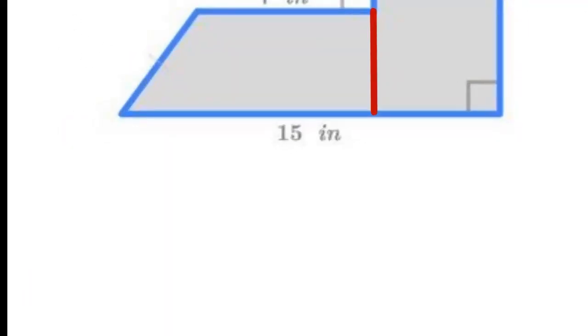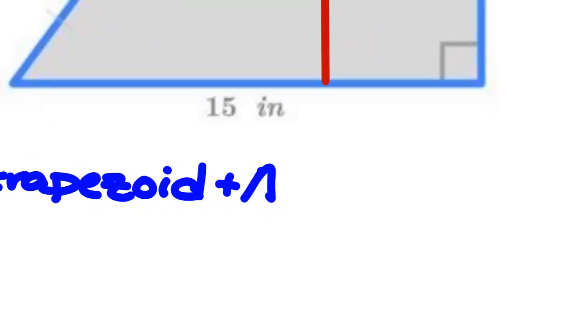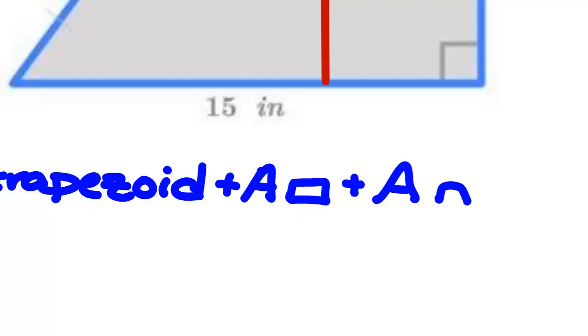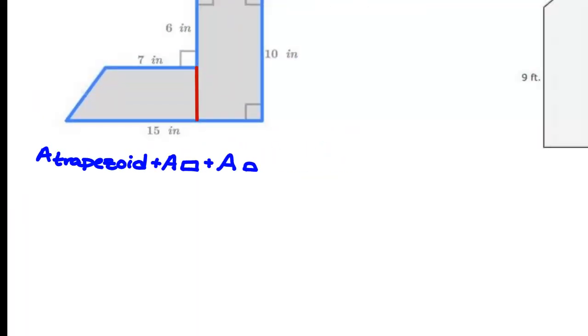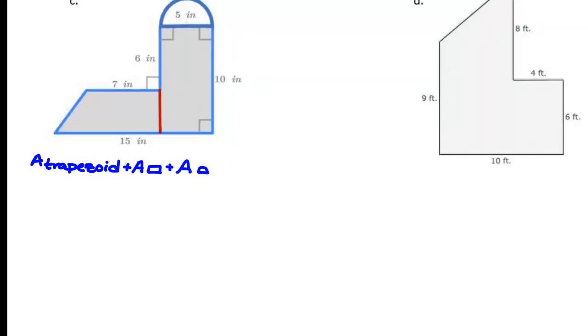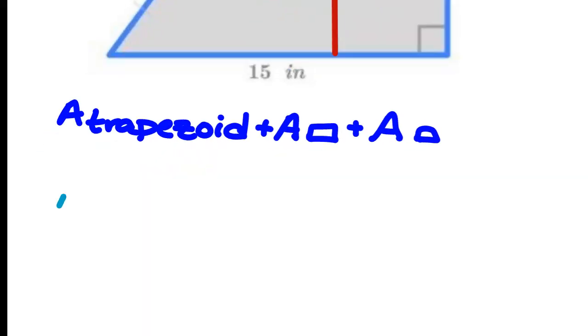Okay, so we're going to need the area of the trapezoid plus the area of the rectangle plus the area of the semicircle. For trapezoids, we have 1/2 height times base 1 plus base 2.